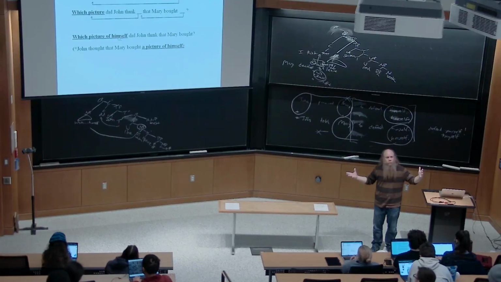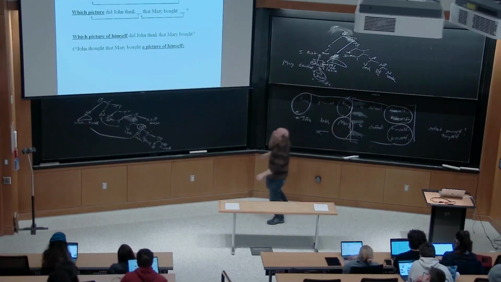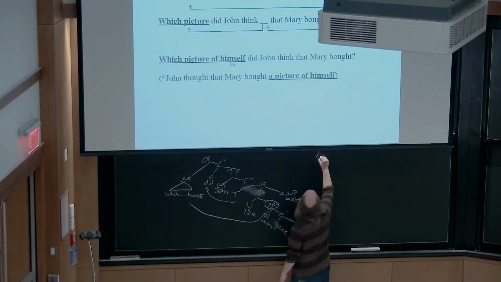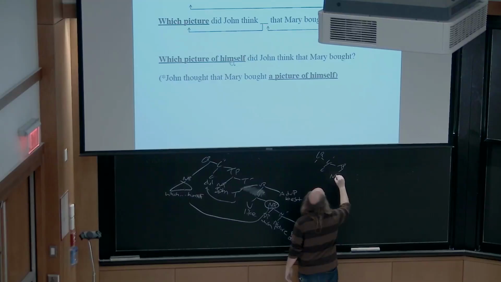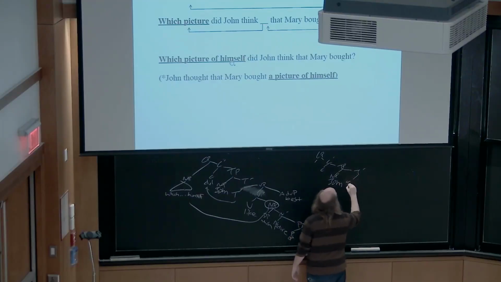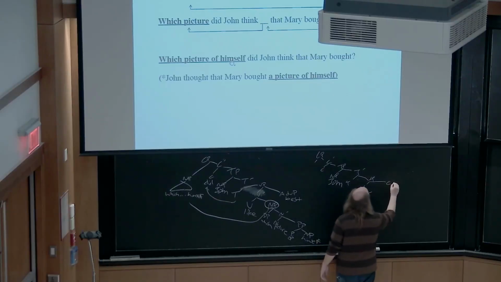No, right? Shall I draw a tree for this? Would that be a good thing to do? Let's draw a tree. Which picture of himself did John think that Mary bought? Here's John. Think. Here's a CP.